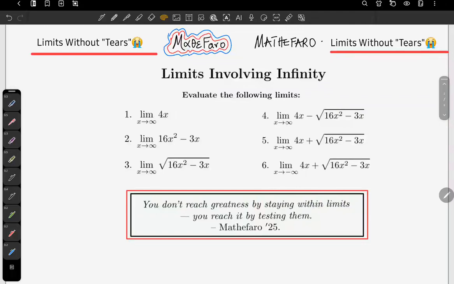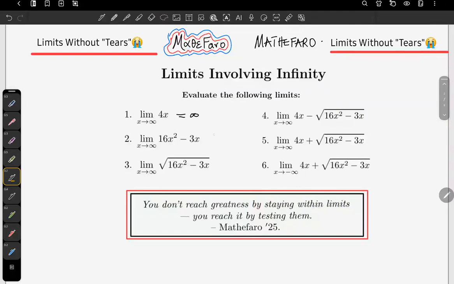Yes, this is the second video, the second half of the video on the shenanigans of limits involving infinity. In the first part of the video, we've seen solutions and some explanations involving limits at infinity. So the first answer, we got these to be equal to infinity.